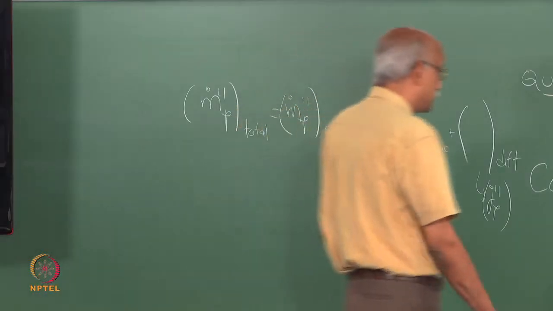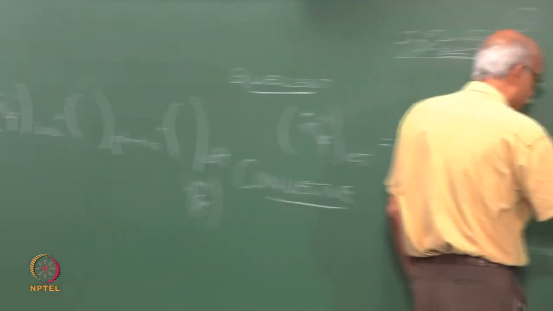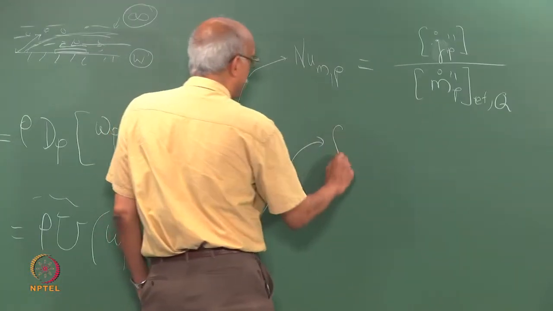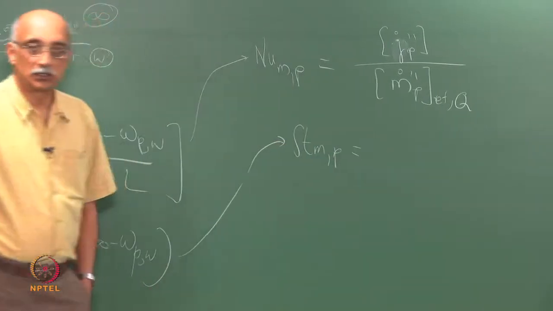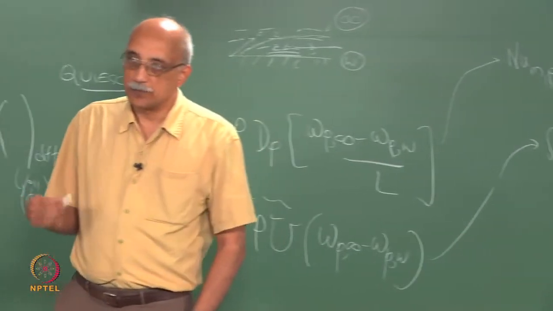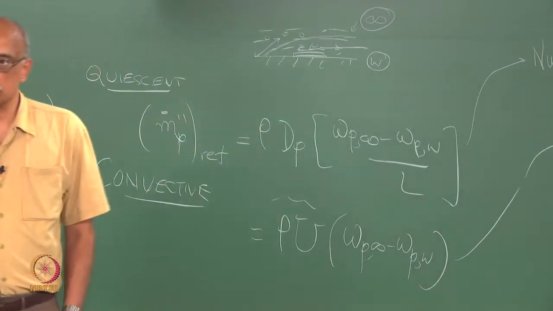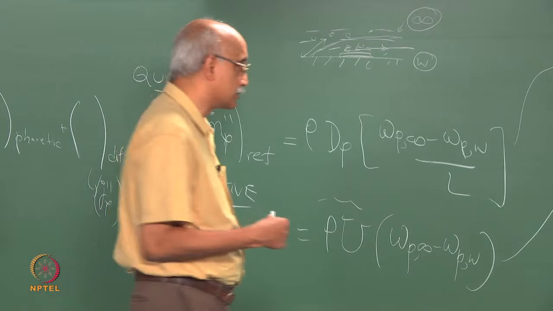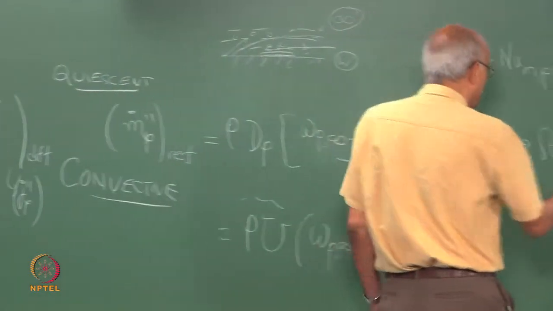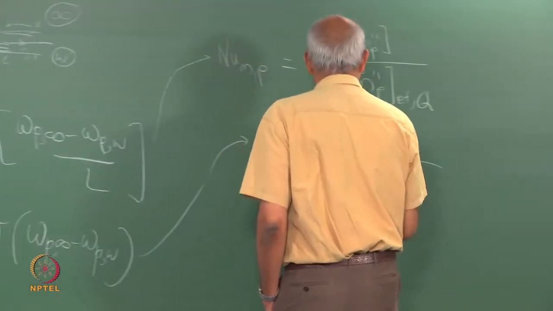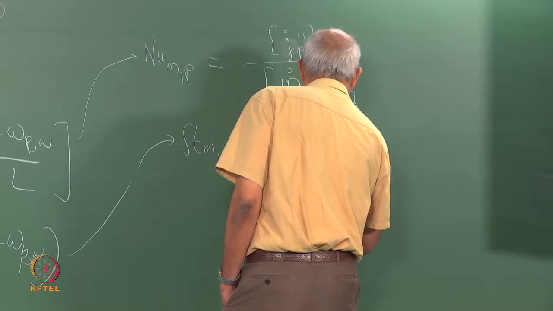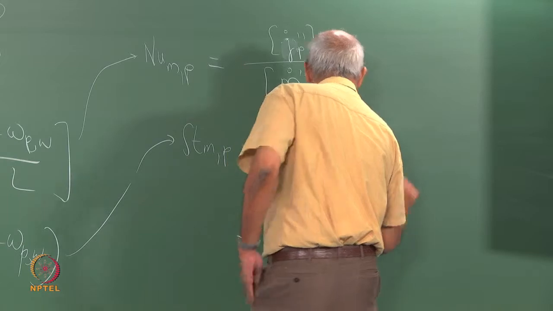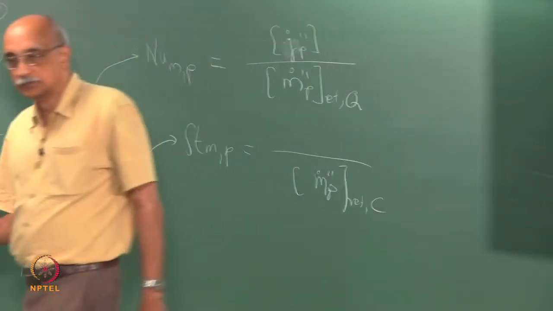Now, in the case of convective flow, the corresponding non-dimensional number is the Stanton number, written as Stanton number again with subscripts m and p to refer to mass transfer and particles. And here, of course, the reference flux will be the reference flux corresponding to convection.